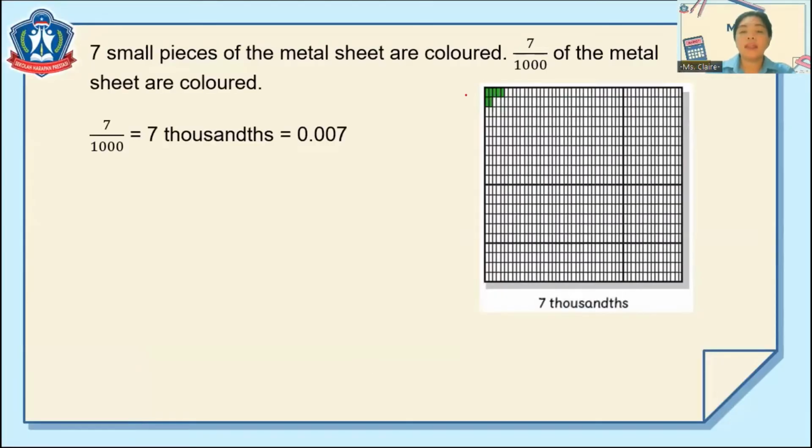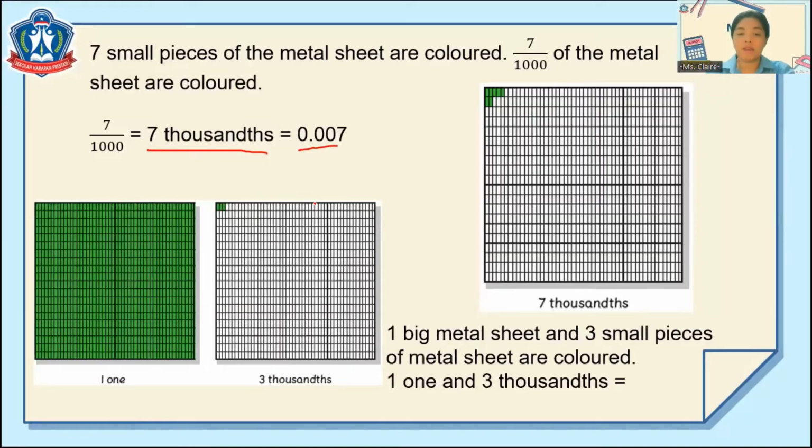If we have 7 small pieces of the metal sheet colored, that is 7 thousandths, or it can be written as 0.007.